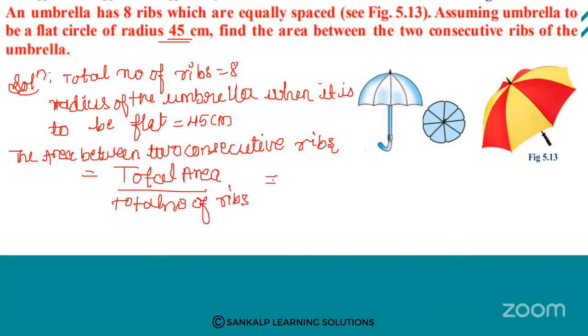Yes, total area means, see, it is a circle. So the area of the circle is pi r square divided by 8. Pi value is 22 divided by 7 into r value is 45 here. So 45 into 45 divided by 8, right? So 22 divided by 7 into 45 into 45 divided by 8.